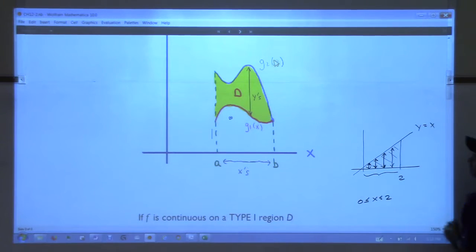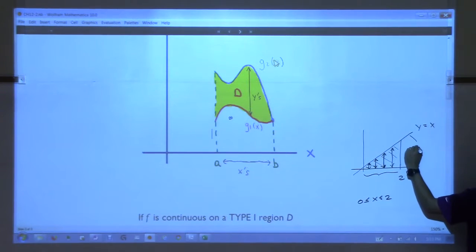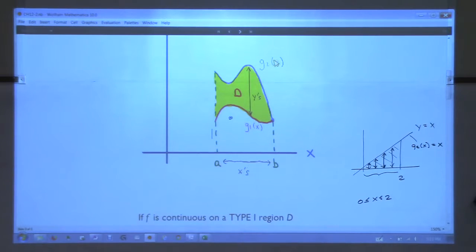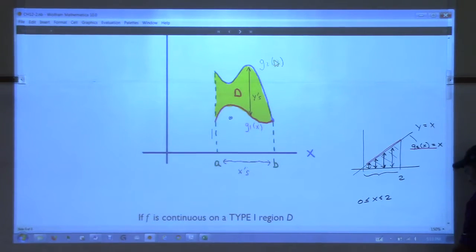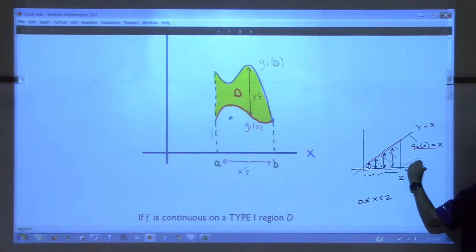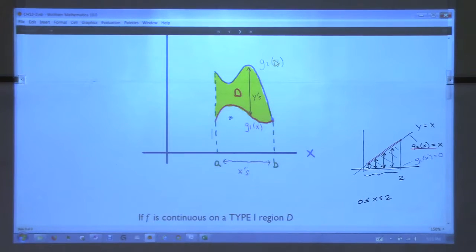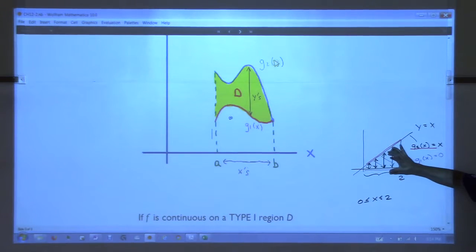What are they stuck between? This function of x right here, which would be called g2 of x, that's the function x, right? This is your top function. And then what's your bottom function here? That right there, which is just the constant 0 function, or y equals 0. Yes? So x between two constants, y between two functions of x.